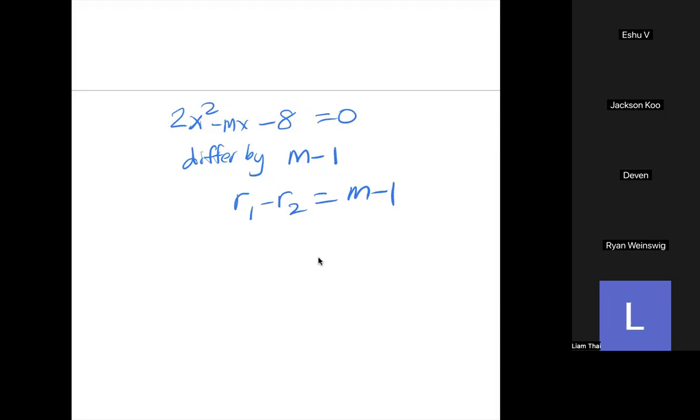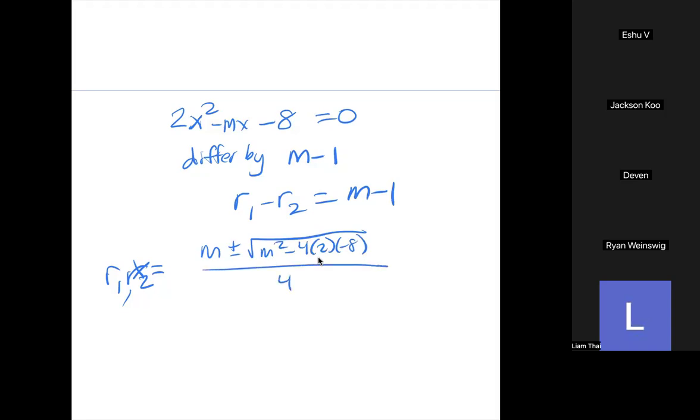So to find the roots, r1, r2, not x, the roots are negative b, so m, plus or minus the square root of b squared, so m squared minus 4ac, over 2a, so over 4. So in other words, this is m plus or minus the square root of m squared plus 64, over 4.